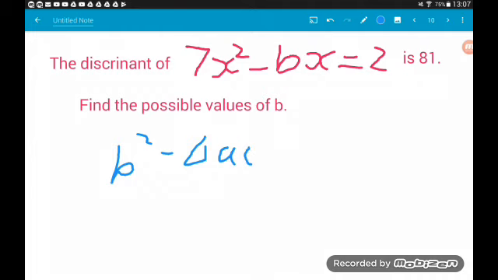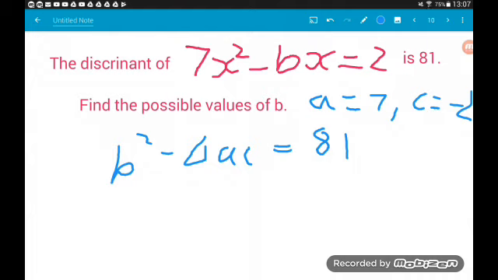Now we're told that that is equal to 81. Now we know the value of a is 7, and if we subtract the 2, we would get c equals minus 2. Remember, a, b and c all have to be on the same side if we are in equation form.